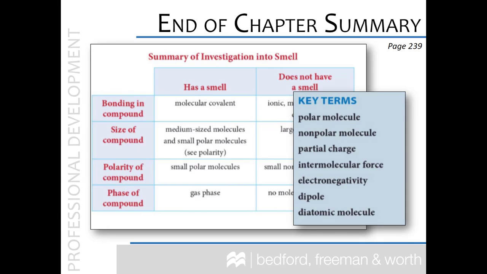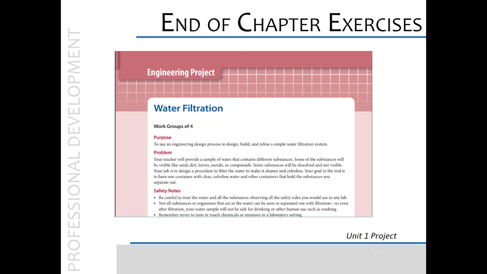You should use this before your end of chapter test to make sure your students are prepared, or at least tell them to use it as a study tool when preparing for any tests. While engineering projects are not new, we have moved them from our online materials to the end of each unit to make them readily available. These engineering projects put the concept of the unit into action.